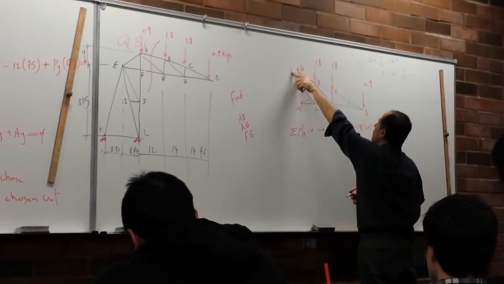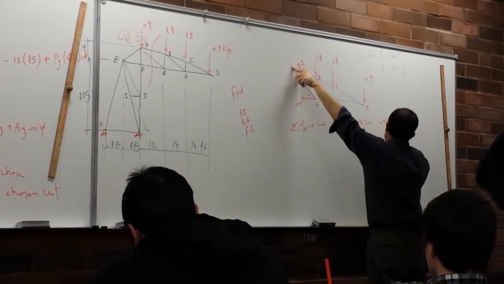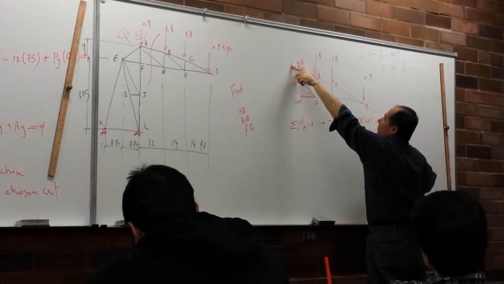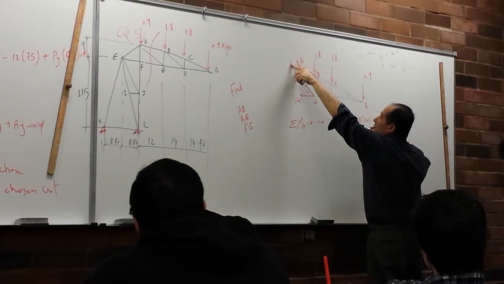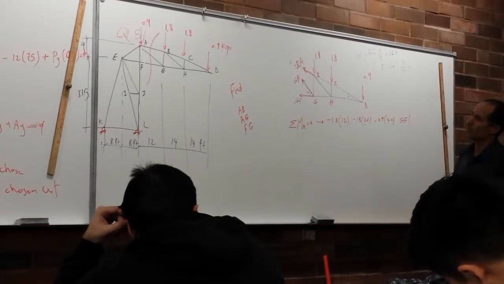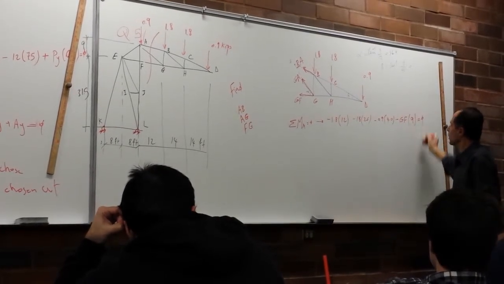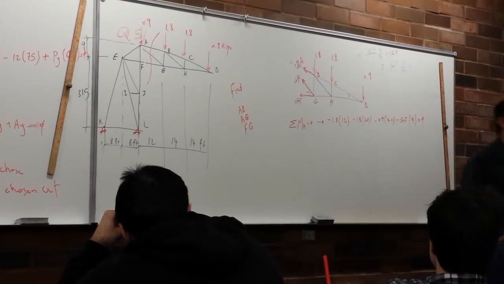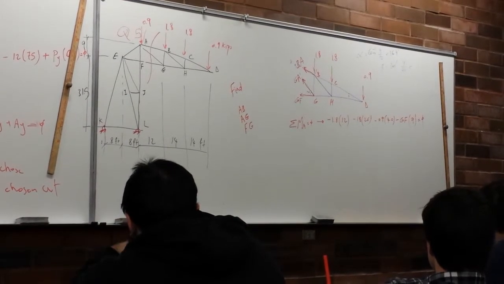Negative. 0.9 times 40. Negative. Correct? GF times 9. Negative. Equals 0. Agree on this statement. I agree on sum of moment at A, what I wrote there.